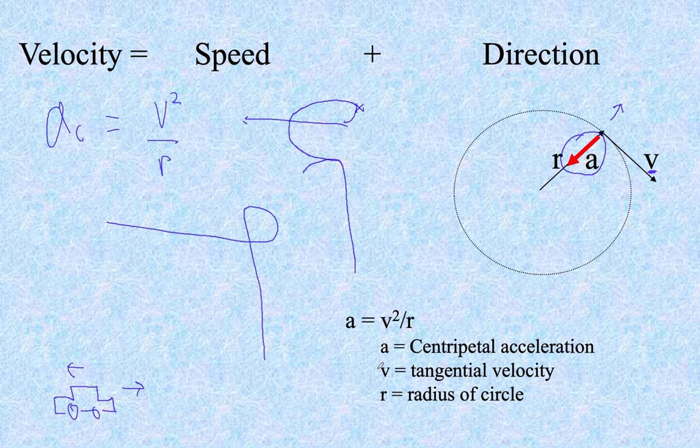In this formula, the A is the centripetal acceleration. It's in meters per second squared, as we'll see in a second, just like the regular linear acceleration. V is the tangential velocity. Tangential means that it's tangential to the circle around which you're going. It's always a right angle, and tangents are right angles to the radius at that point. And R is the radius of the circle.